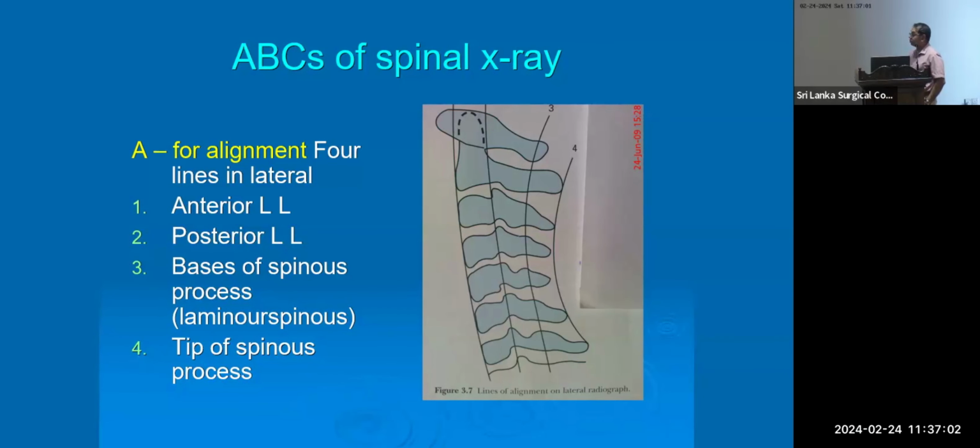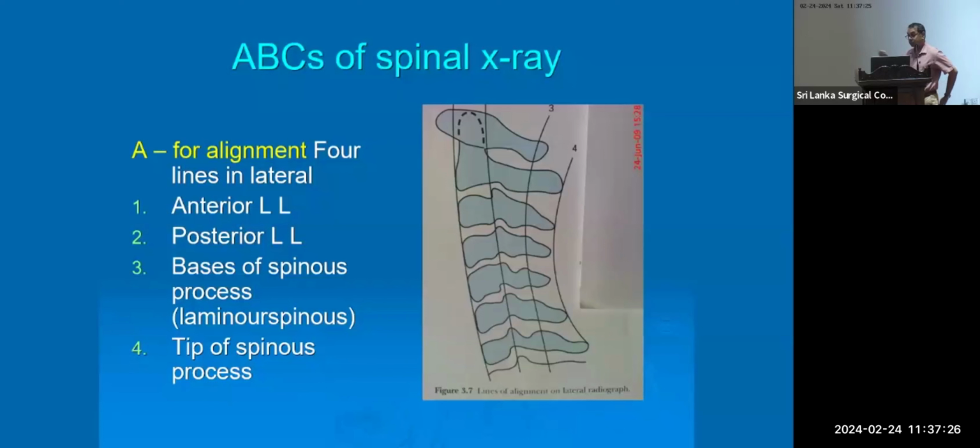Now, in the cervical region, when you get an MR, a CT, or an X-ray, you have to assess whether the patient has a stable spine or non-stable. So the ABCs of spinal X-rays. A for alignment. X-rays are available everywhere, so this is what you will be dealing with.